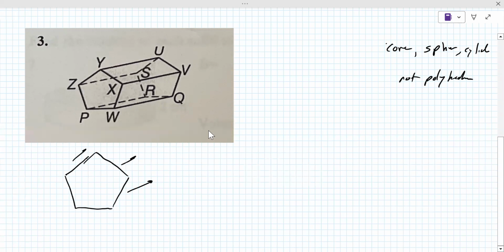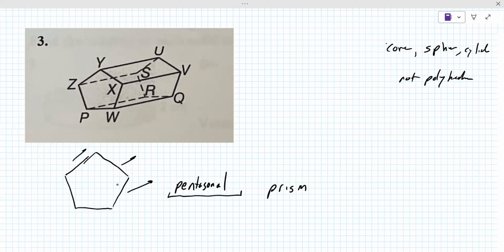You think of a stick of butter, or if you cut up vegetables, there's a certain way to cut certain things where you always get the same shape. And that word is the modifier, the adjective of the prism. So this is a pentagonal prism. Yes, makes sense.